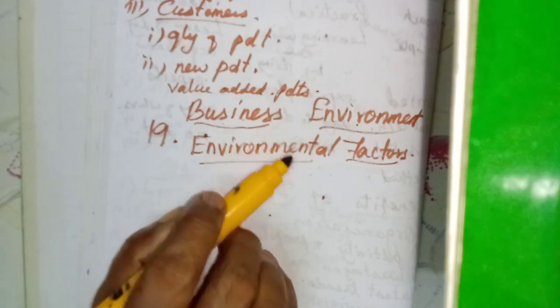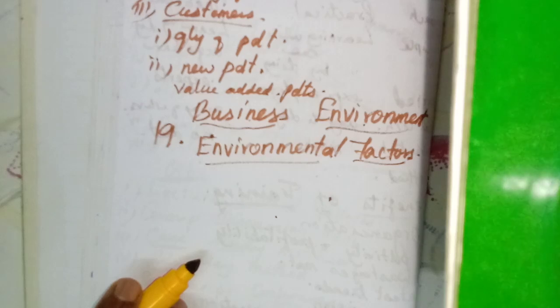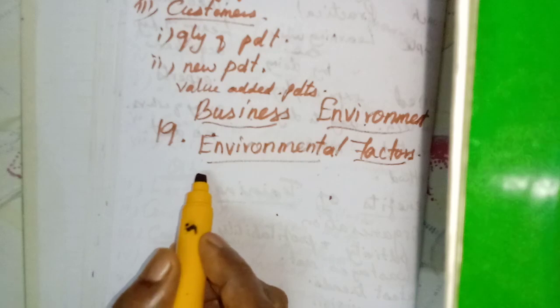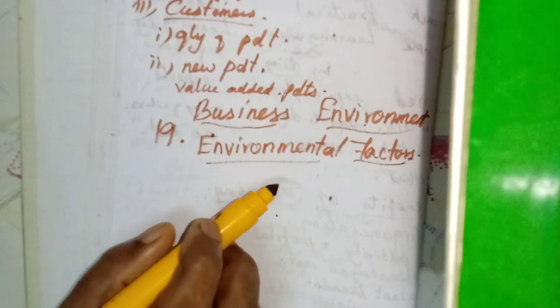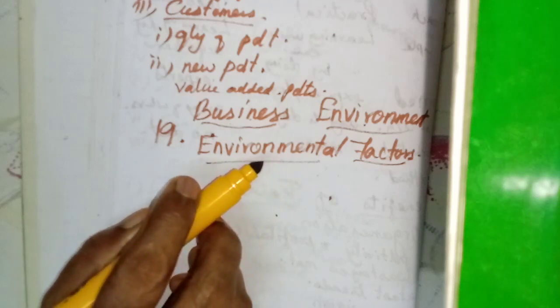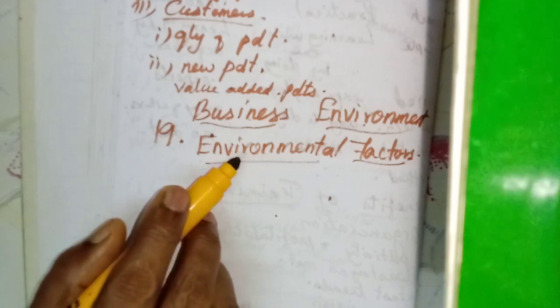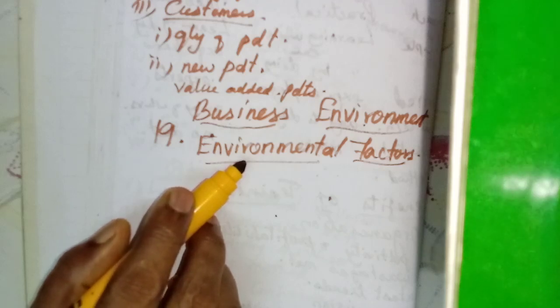So it is a total of many factors, any human factors, human beings, that influence the organization. We can group them under environmental factors. For the success and functioning of any organization, some factors have an impact on the operation of the business organization.